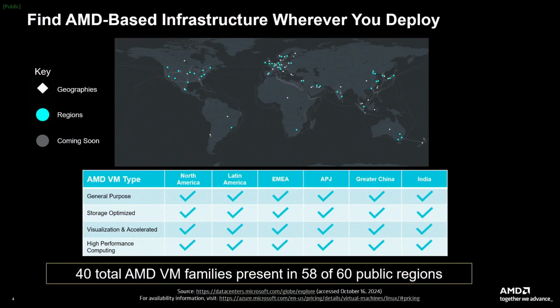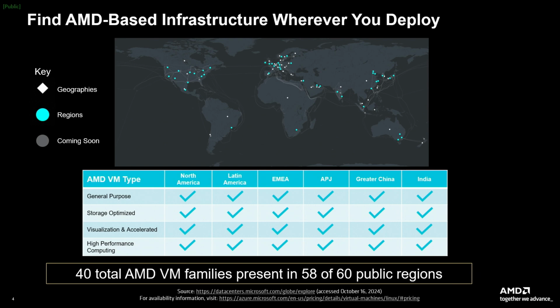One other thing that's really blossomed over the years with Microsoft is, we started in 2019 with just one or two VM families. There was an L series storage optimized VM. There was an HPC optimized instance. And we were available in just a few regions selectively. So you really had to try hard to look for the particular region and the particular VM type that you could get from AMD.